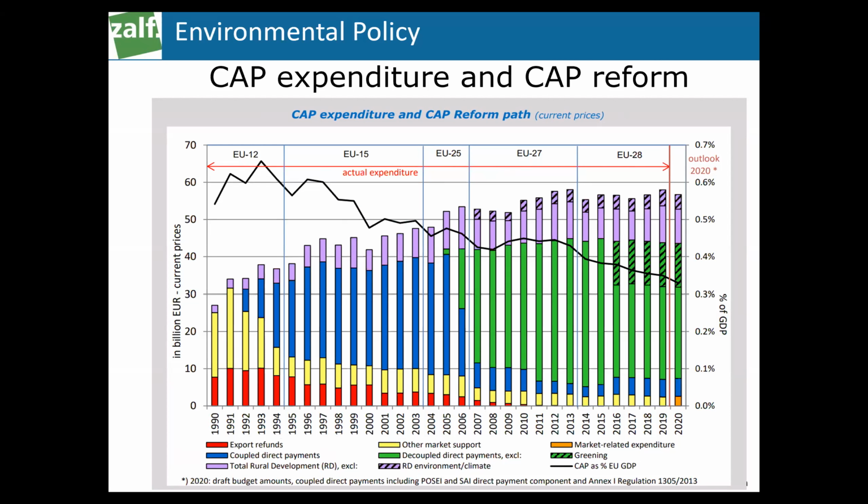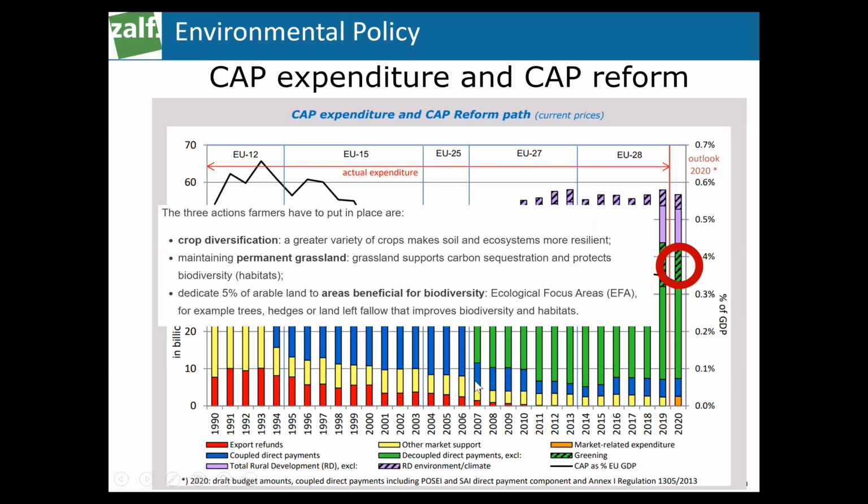And this is here as a trend very important. And this is as a share from the decoupled direct payments. Okay, any question? And this is exactly what I wanted to express here: the greening, crop diversification, permanent grassland maintenance, or the 5% arable land to areas beneficial for biodiversity as the biggest bundle here.